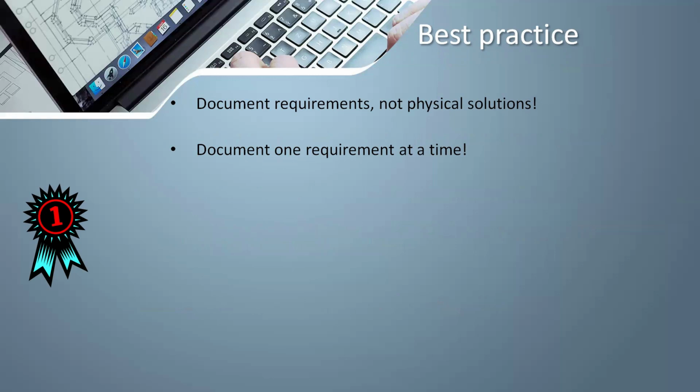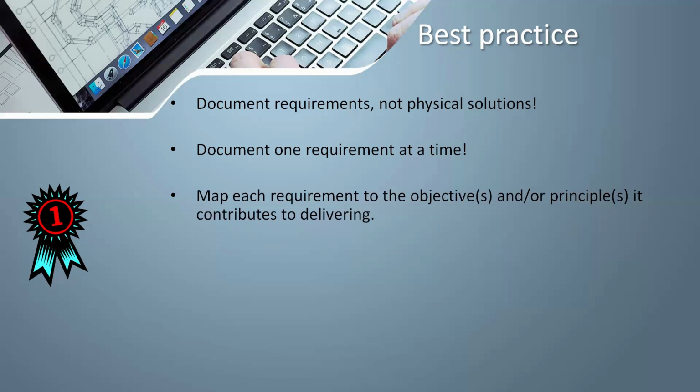So document the requirements, not your solution. Document one requirement at a time. When I say one, it is because it has to be complete and correct. You don't want to develop a half-baked piece of software. So document one, make it complete, make it correct, make sure that you have got all the information, then you take another requirement.